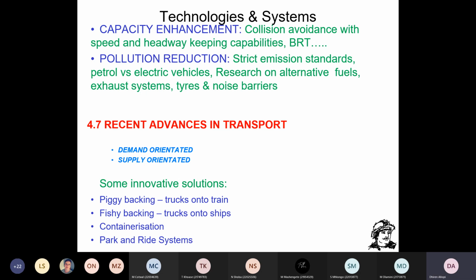Park and ride systems, not very common here in South Africa, but overseas quite common in some countries, where you, for example, park your vehicle on the outskirts of the CBD. So there's a parking system created, designed, a very safe car park where you can park your car and then get onto a bus or a monorail or a rail system that takes you straight into the CBD.